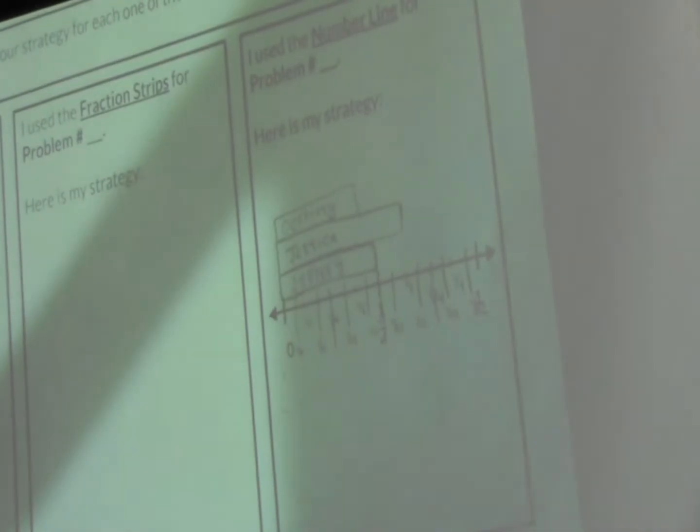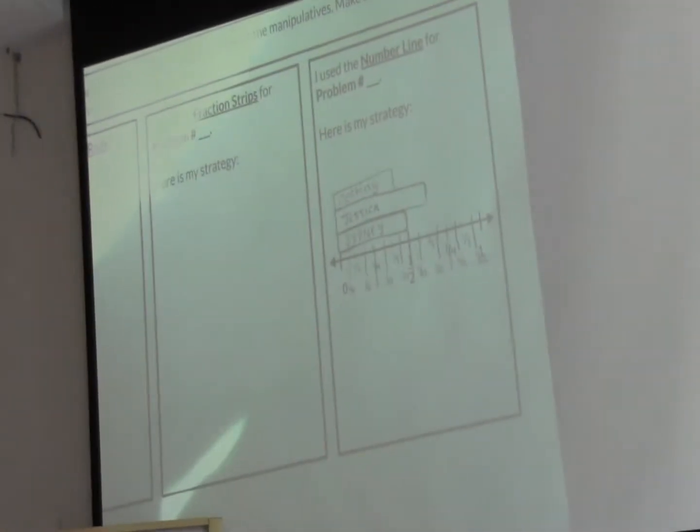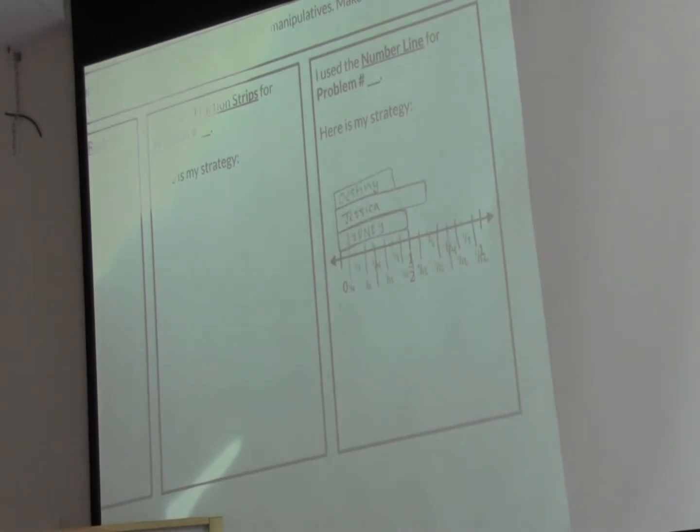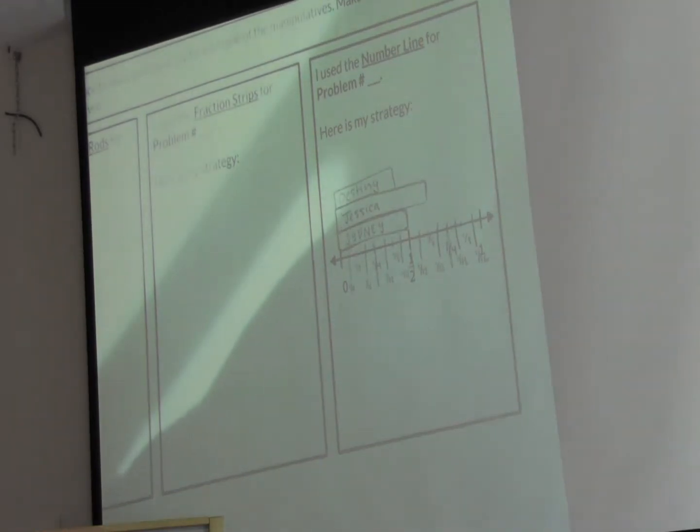Okay, so first I marked my bar at 1/2 because my number was 1/2 and that was already on the line. And then Jessica had 5/8. So I knew I had to split the number line into 8s.